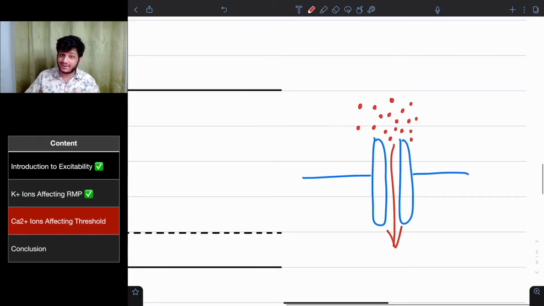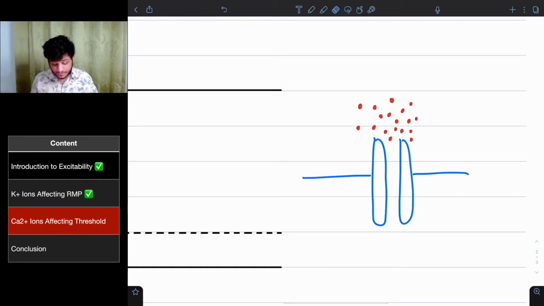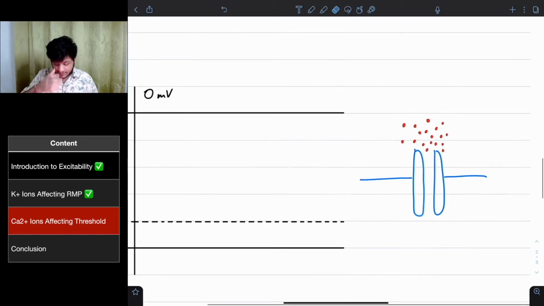Because these are ligand-gated sodium ion channels, and we know that ion channels are restricted to only one specific ion. So calcium ions can't enter. So even though it attracts, it just kind of blocks this. So this is how you could say that calcium ions regulate the transport of sodium ions into the cell.